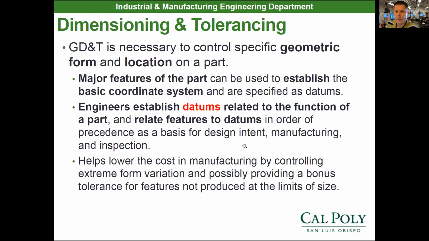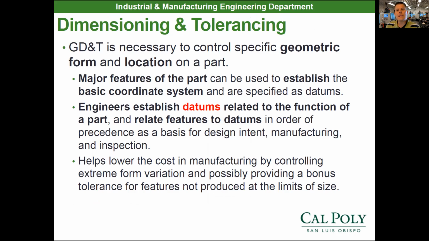Now, with GD&T, all I'm trying to do is control form and location of the major features on my part. So remember, everything's got a size and a location on a part. Your goal is to get your part made correctly after you've designed it and made the drawings as an engineer.